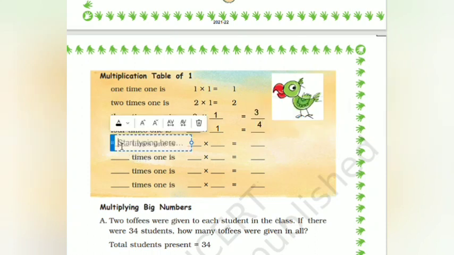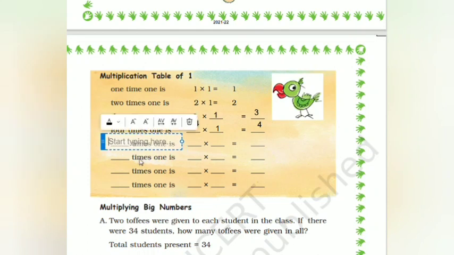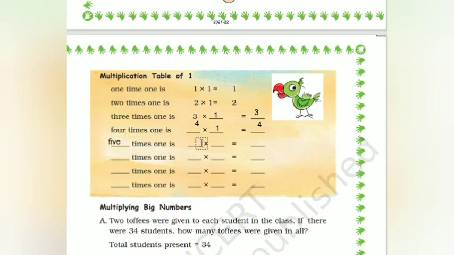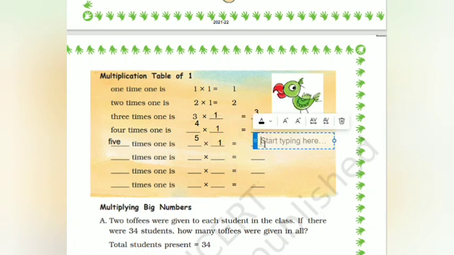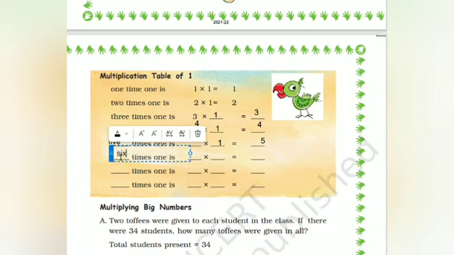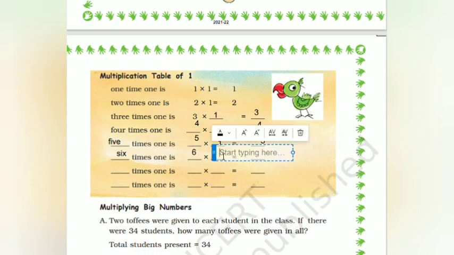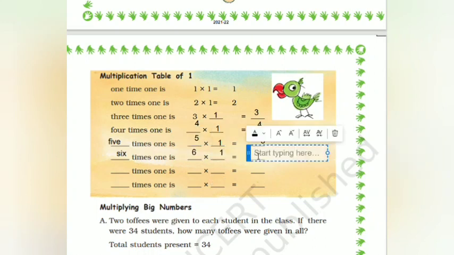Then 5 times 1. We have to write here 5. 5 times 1, that is 5 into 1, is equal to 5. 6 times 1, that is 6 into 1, is equal to 6.